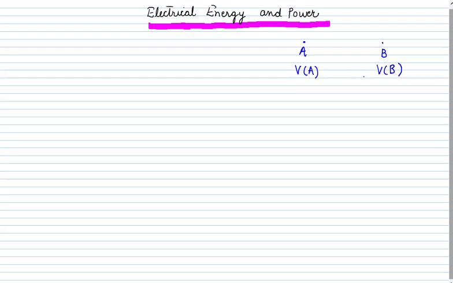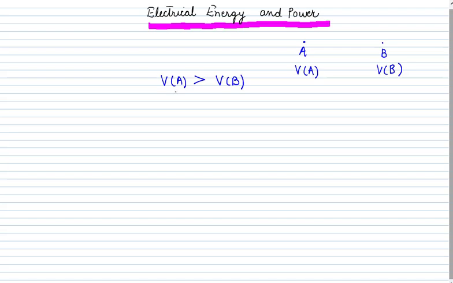And when the current flows from A to B, that means obviously point A is at higher potential with respect to B. Because the current is flowing from A to B, the electrons will be flowing in the reverse direction.